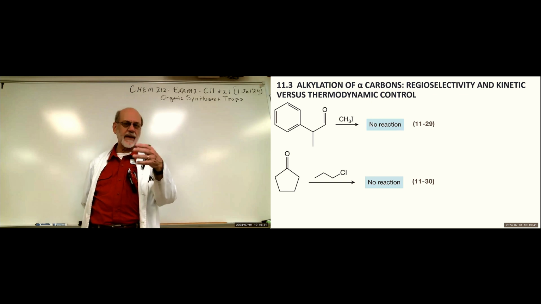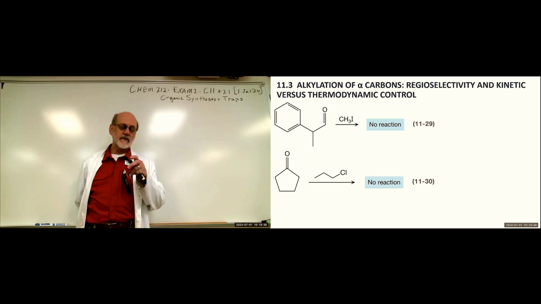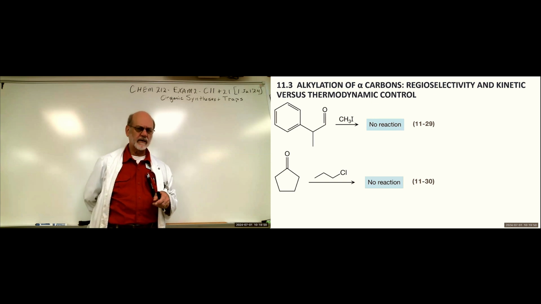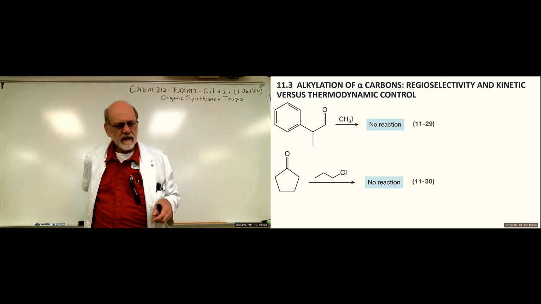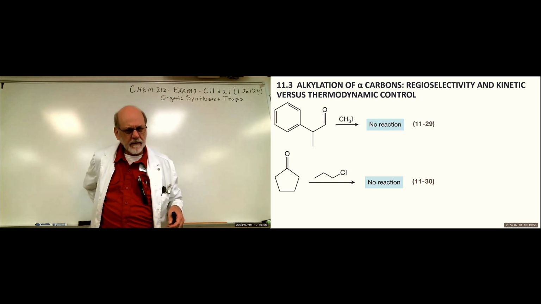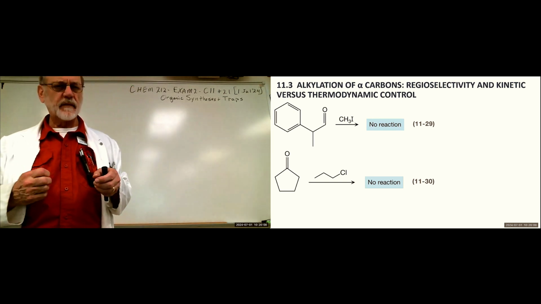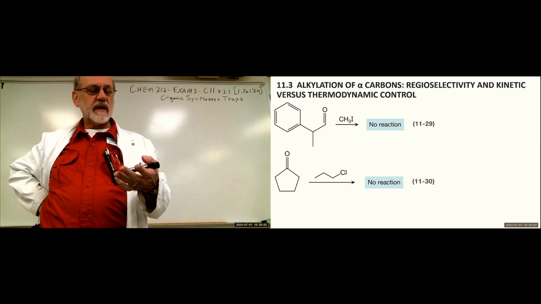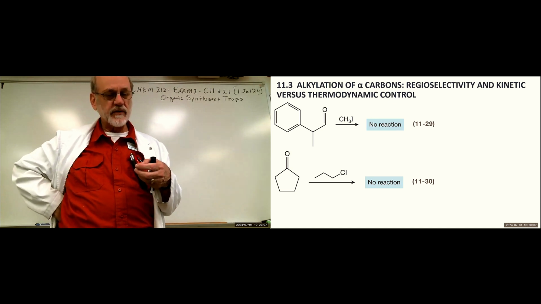So we've got these two examples, two carbonyls. One has an aromatic, and the other one is a cyclic carbonyl. What we find is that we can't form the carbon-carbon bond here. There's no reaction.